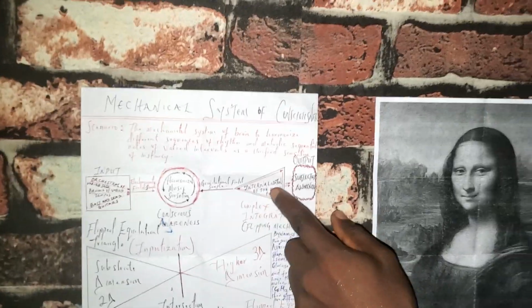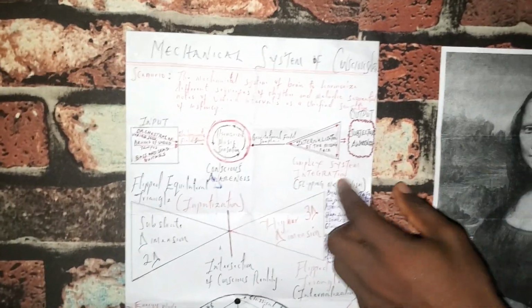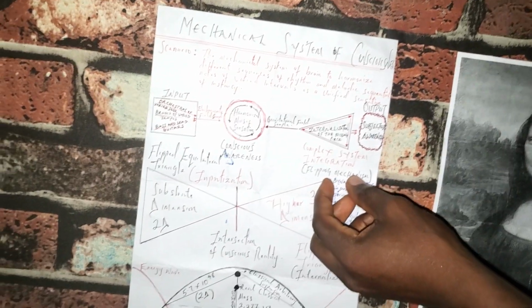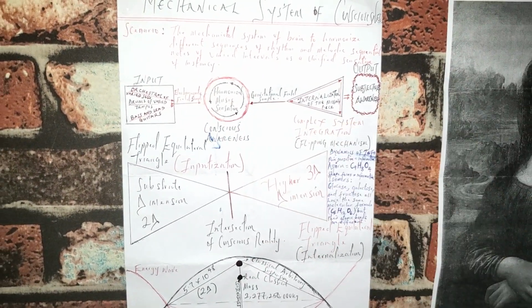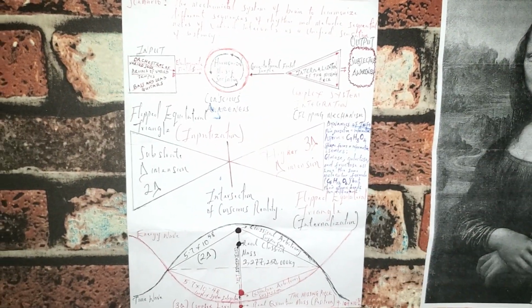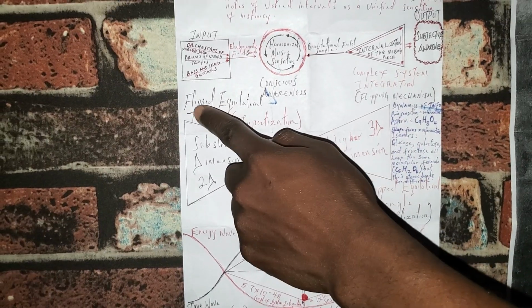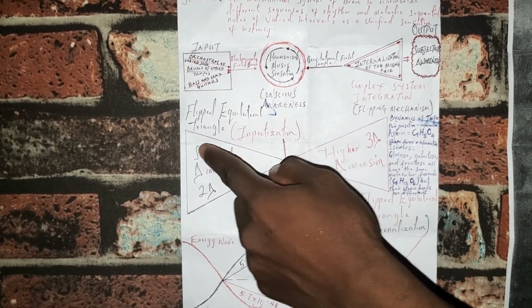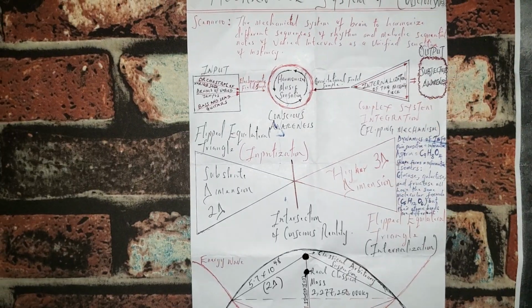So the internalization of the missing piece is complex system integration, which is known as the flipping mechanism beyond the quantum state. And then we have a flipped equilateral triangle here, and that is known as imputation, if there is anything like that.